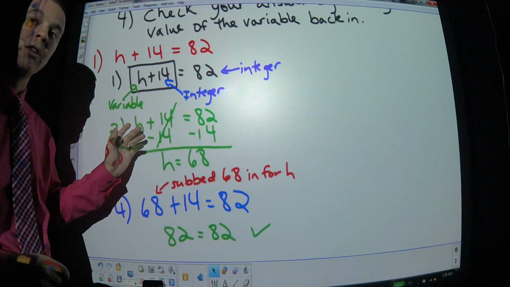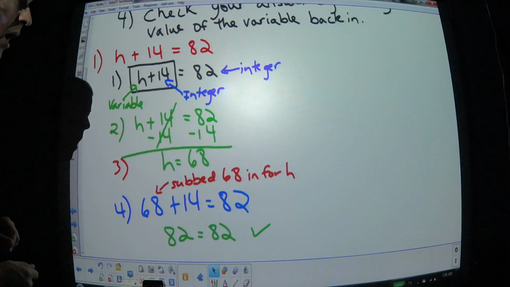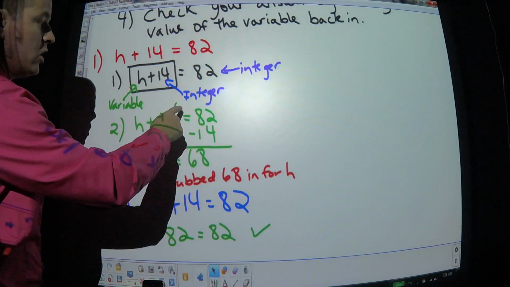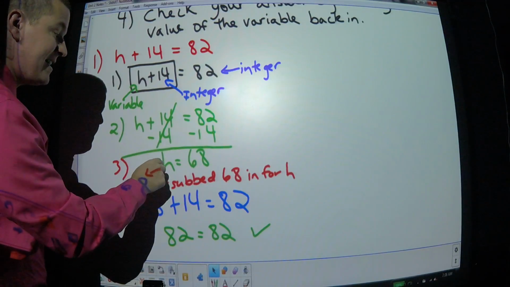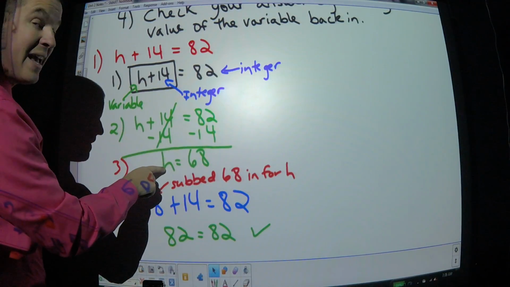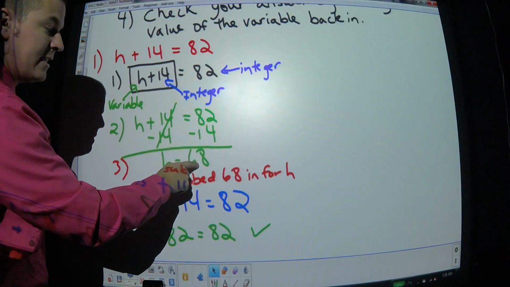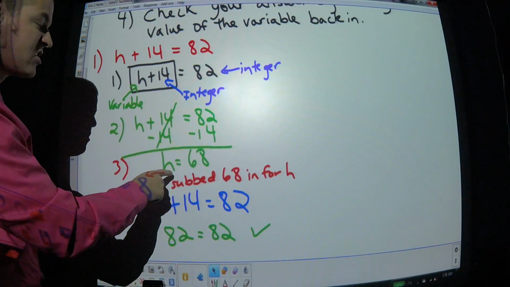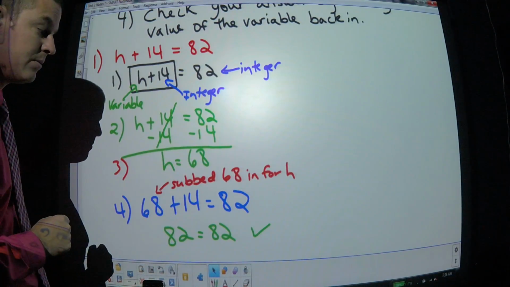And whatever I do on the left side, I have to do to the right, so I'm going to subtract 14 on that side as well. The 14s cancel out because 14 minus 14 is 0, so you're left with just h on the left side. 82 minus 14 is 68. So we have solved for h and gotten 68.